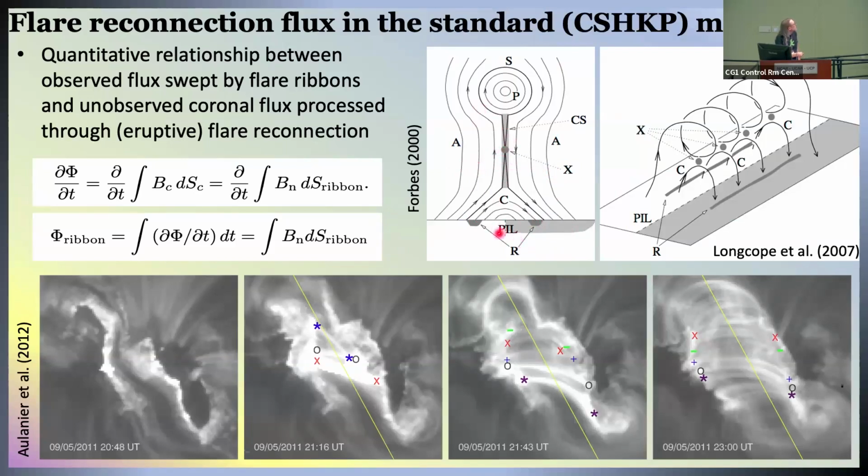So by measuring the growth of this flare arcade, you've got some estimate of how much reconnection happened up in the corona during this flare, even though I can't measure the coronal fields.